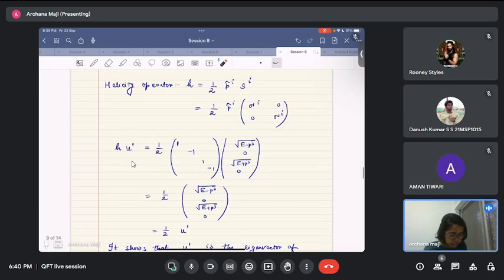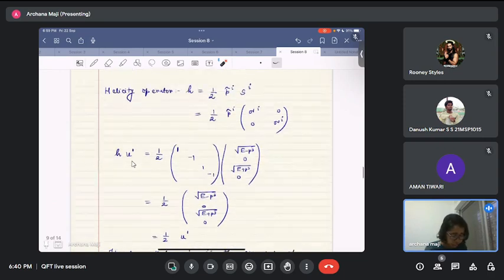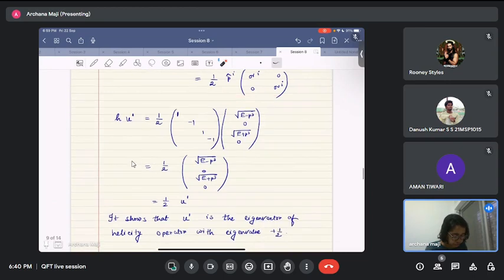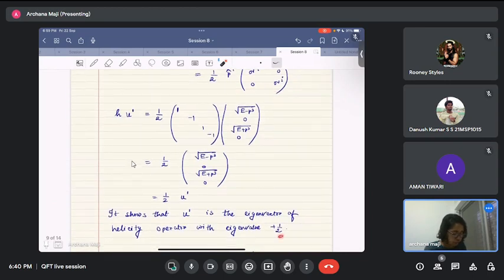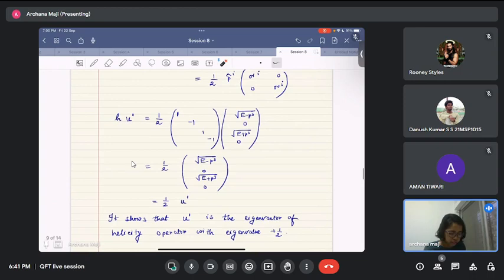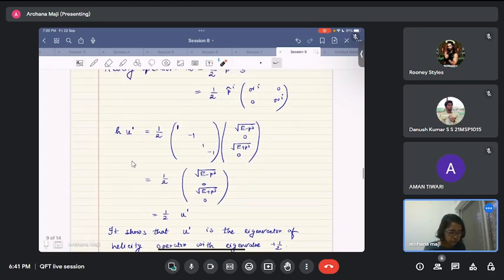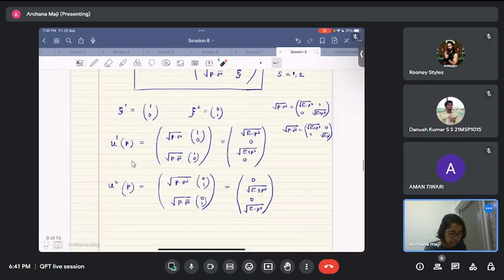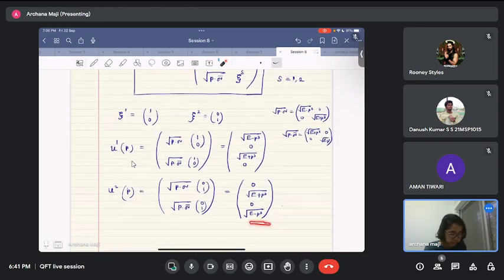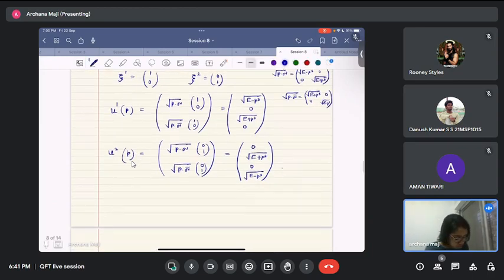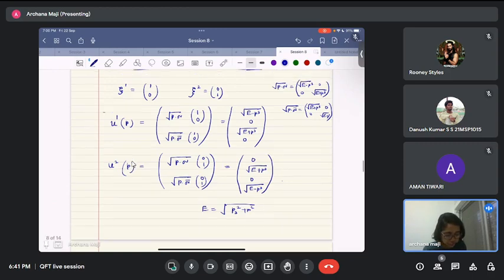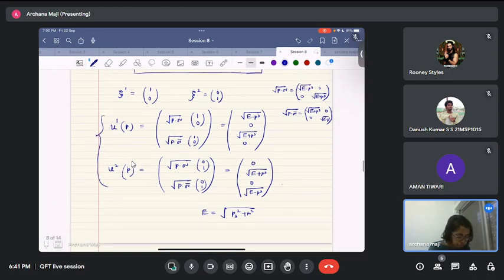So when I was explaining this helicity operator, we said that U1 is an eigenvector of the helicity operator with eigenvalue plus half. Mathematically that is happening, but it is not a very good way to say it, because here the particle is actually massive, with E equal to square root of P3 squared plus M squared, for these solutions U1P and U2P.